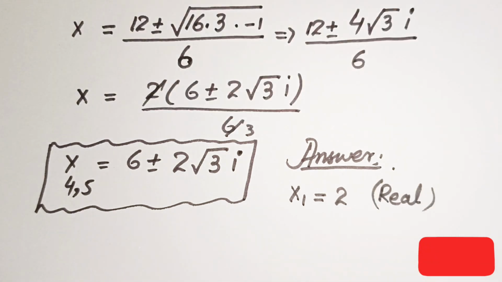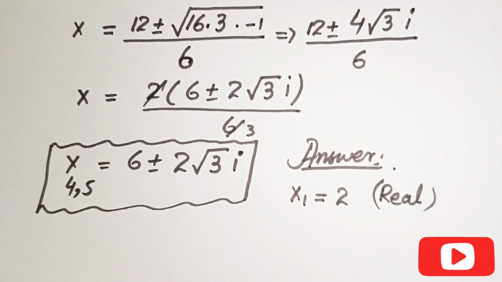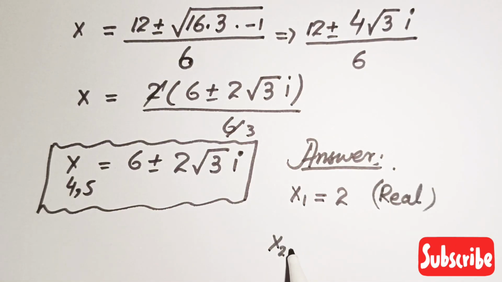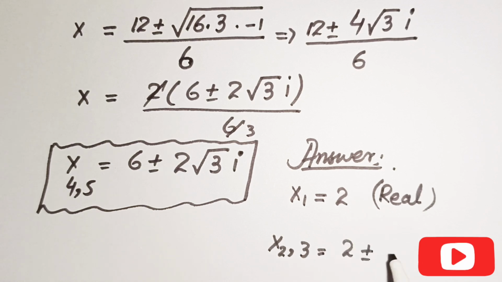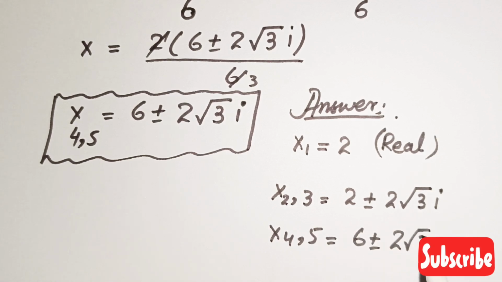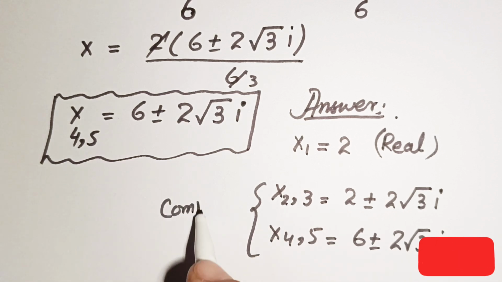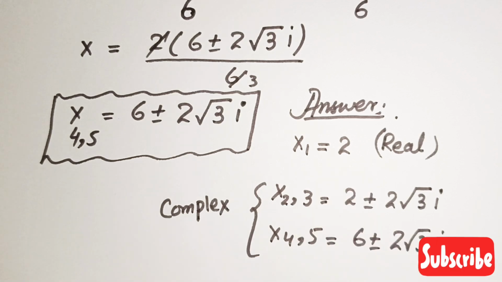Similarly we have x2 and x3, that is complex solution, 2 plus minus 2 times square root of 3i, and x4 and x5, that is 6 plus minus 2 times square root of 3i. So these 4 solutions are actually complex solutions and one is a real solution. So we have 5 total solutions of x, so it is our final answer.